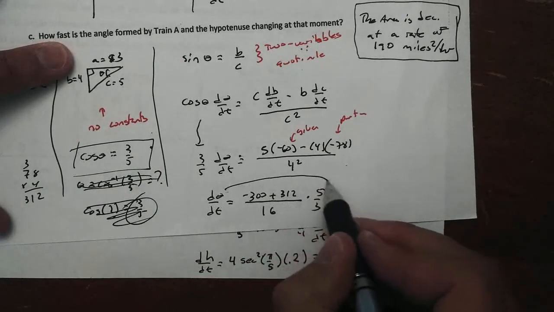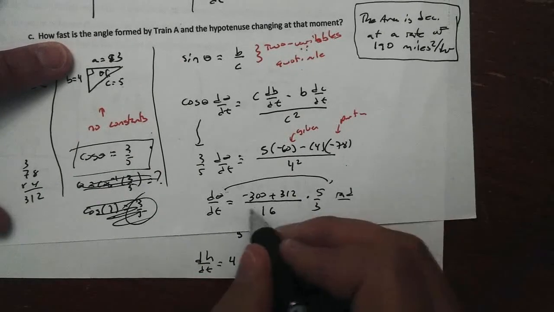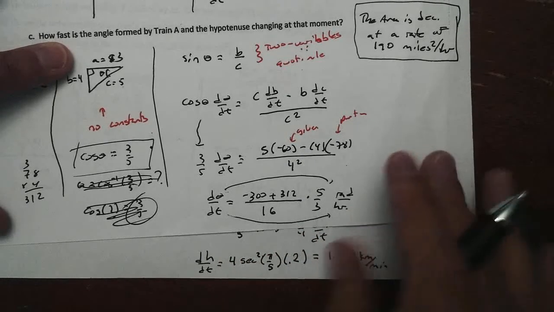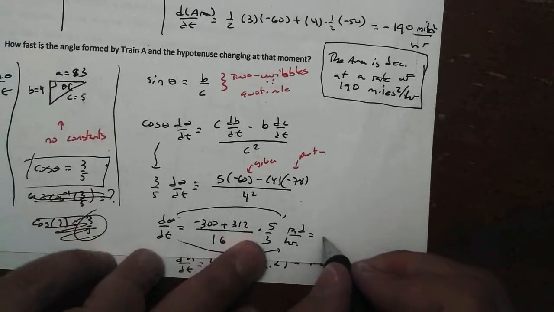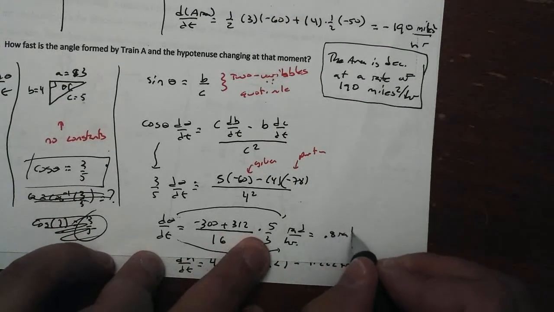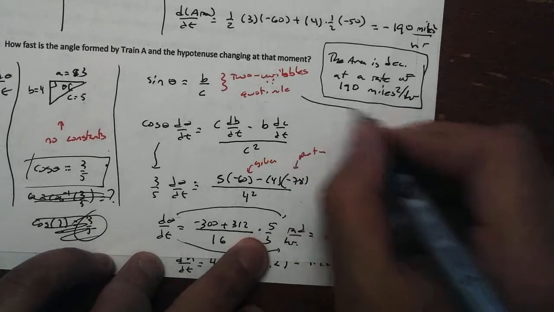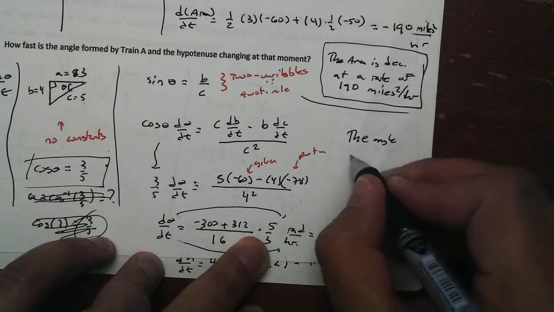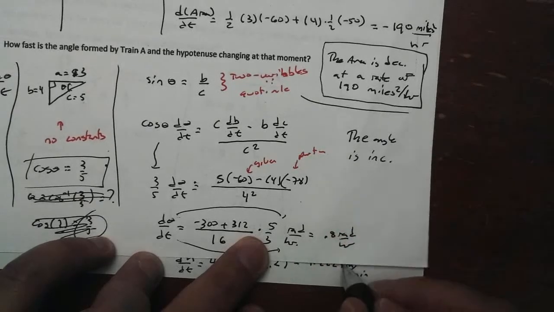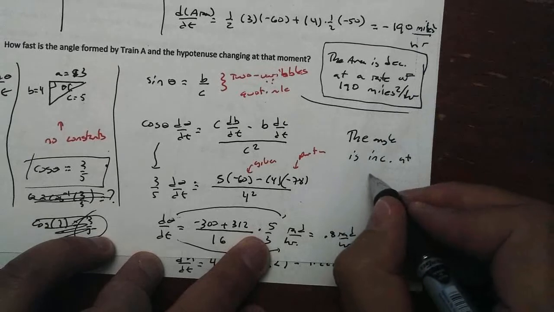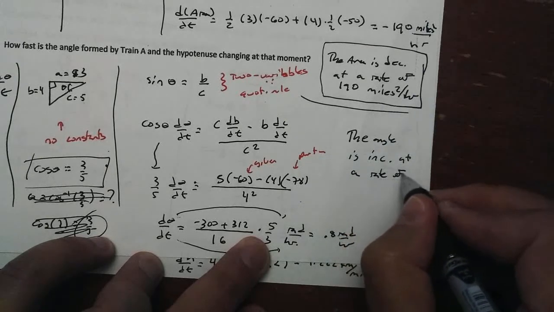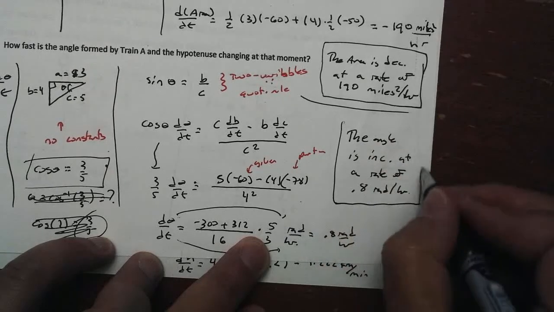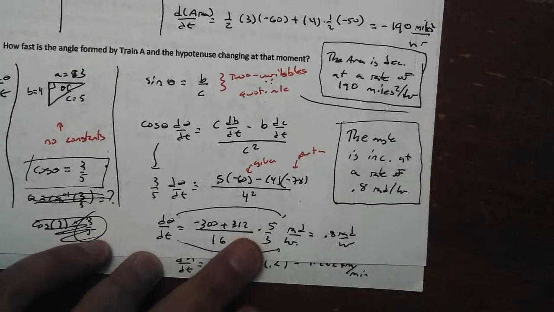Don't ever simplify. This is going to be in radians. Be careful. And the time unit, we are in hours. And if you simplify that with the calculator, you should get 0.8 radians per hour. So we would say the angle is increasing because it's positive at a rate of 0.8 radians per hour. And that would be our answer right there.